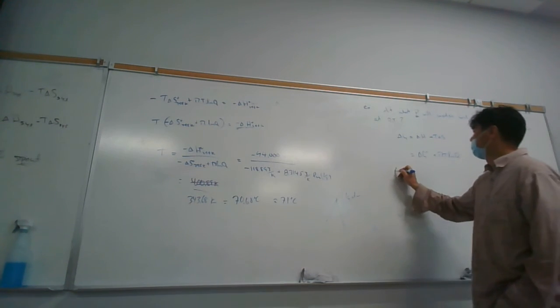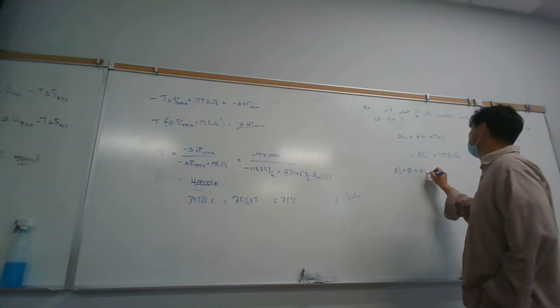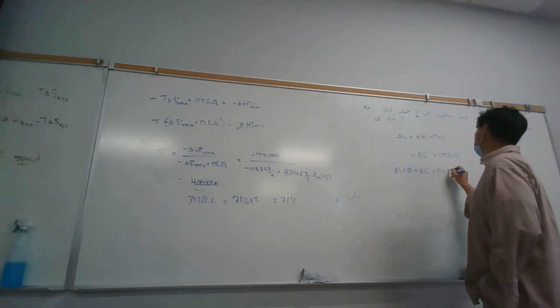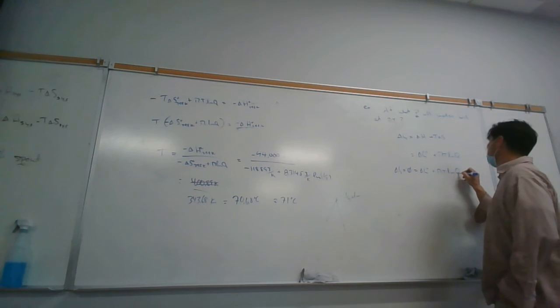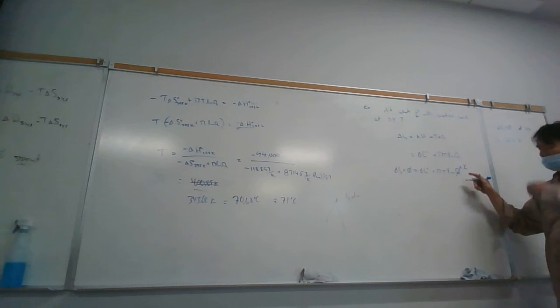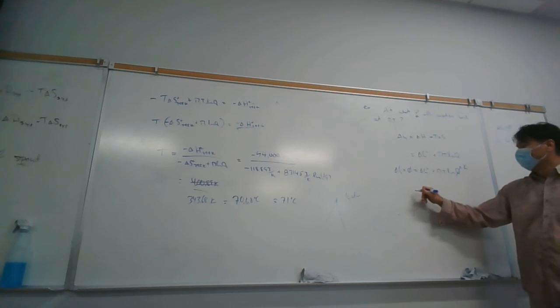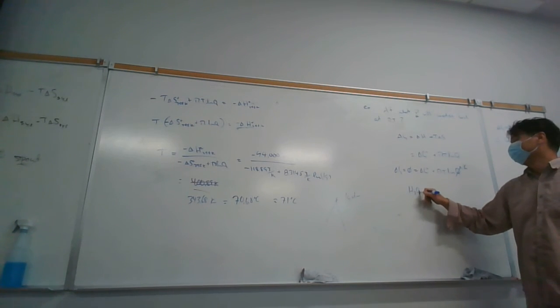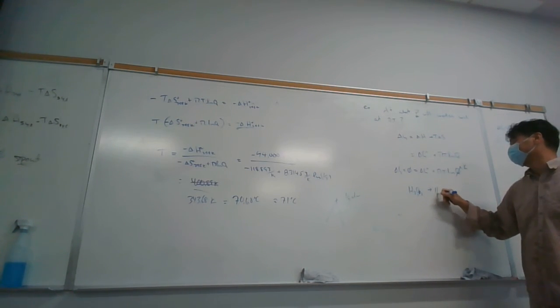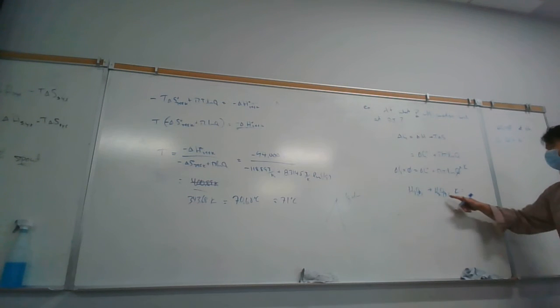And so what we're going to do here is we're going to set delta G equal to 0, and then this is going to equal delta G naught plus RT ln of Q. But if we're at equilibrium, then Q is equal to K, so we can substitute K instead of Q here. Now, if we're looking at H2O liquid goes to H2O gas, then Q or K it's the same thing.